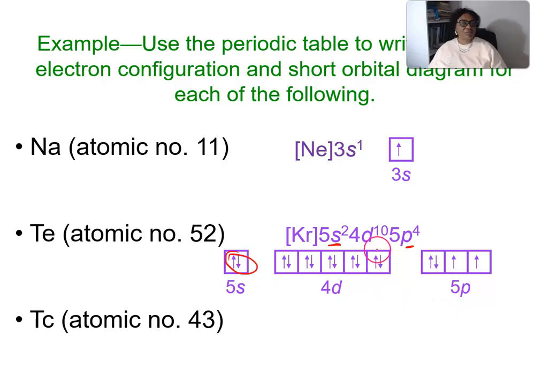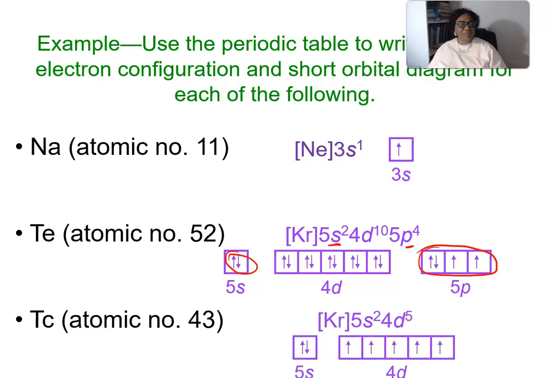This and this. Then we have Tc. Its atomic number is 43. So the noble gas before that element is krypton. Then we have 4s2 and 4d5. But this is its valence electron.